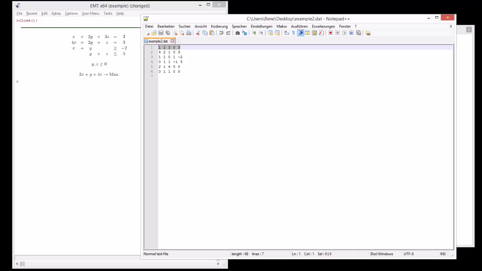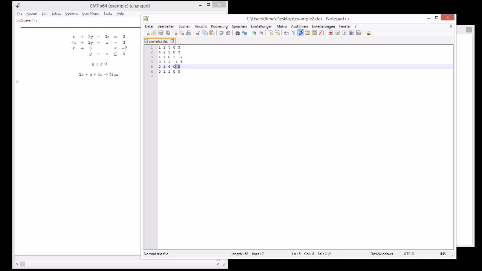The first line reads x plus 2y plus 3z equals 0 is for equals 3. The next line is the same, and this line reads x plus y is greater equal 1 for greater equal minus 2. And then we have y plus z is less equal minus 1 for less equal 5.